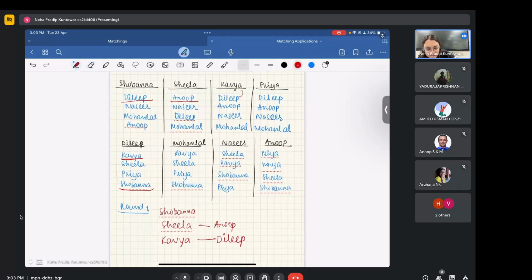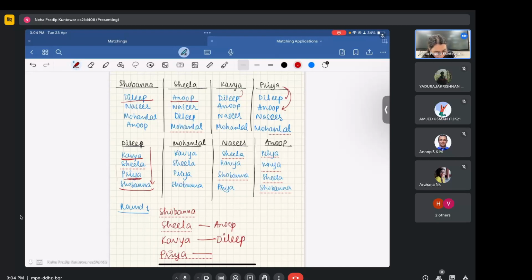Priya does the same. Priya again proposes to Dilip, and what does Dilip do? He looks into the list, but he prefers Kavya over Priya, so he does not accept the proposal from Priya. Then what does Priya do? She proposes to Anup. Maybe you can try this out.